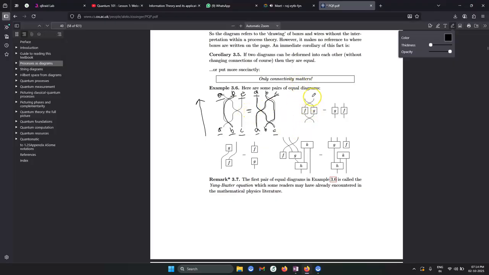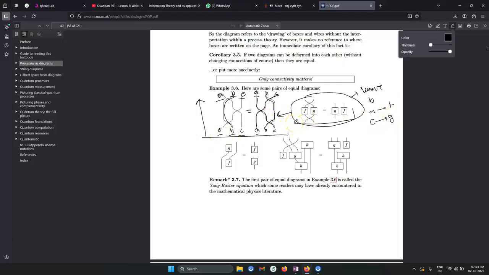Similarly, this is a more trivial case, where it's basically the same thing where I removed B. And instead of having A, we make it F. And instead of having C, we make it G. So this is a generalization of this.